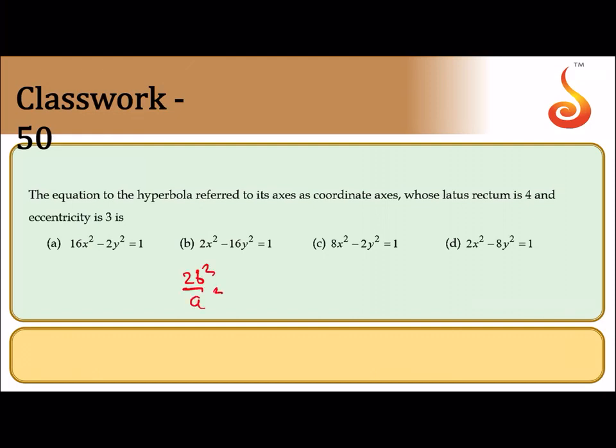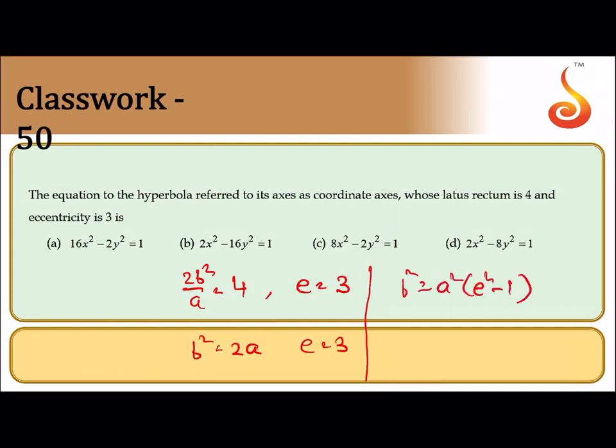So the equation of hyperbola referring to the axis of coordinates whose latus rectum is 4 and eccentricity is 3. Latus rectum is 2b square by A, given as 4, and eccentricity is given as 3. So you know that b square is equal to 2a and E is equal to 3.